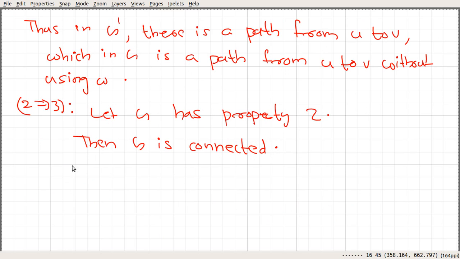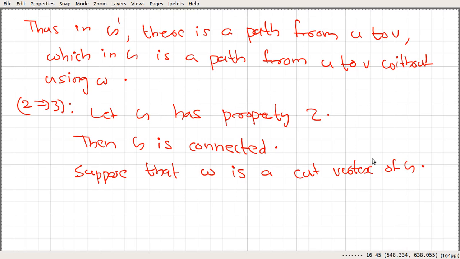Suppose that it has a cut vertex, and let's call that cut vertex W. Suppose that this vertex W is a cut vertex of G, and let G double dash be the graph obtained after deleting this cut vertex W. Since W is a cut vertex, G double dash is a disconnected graph.